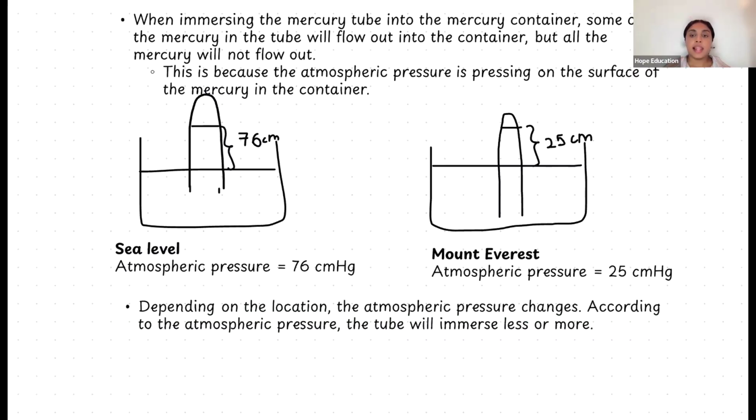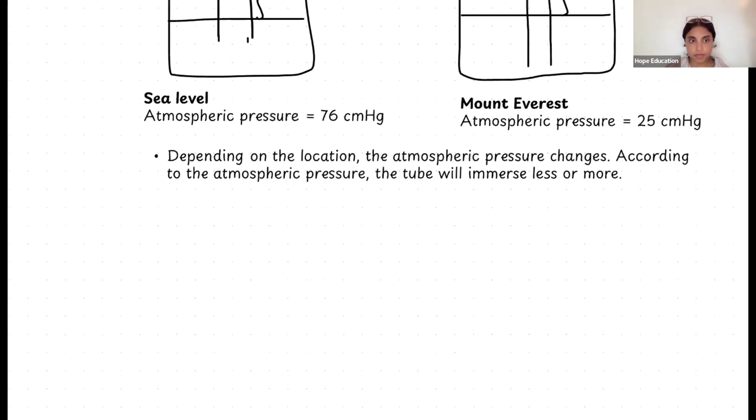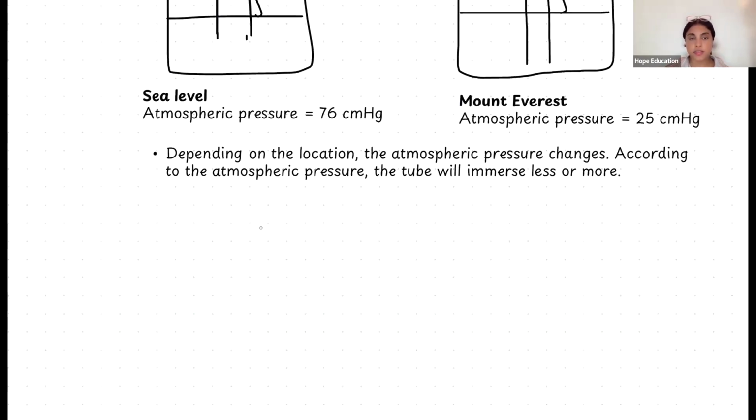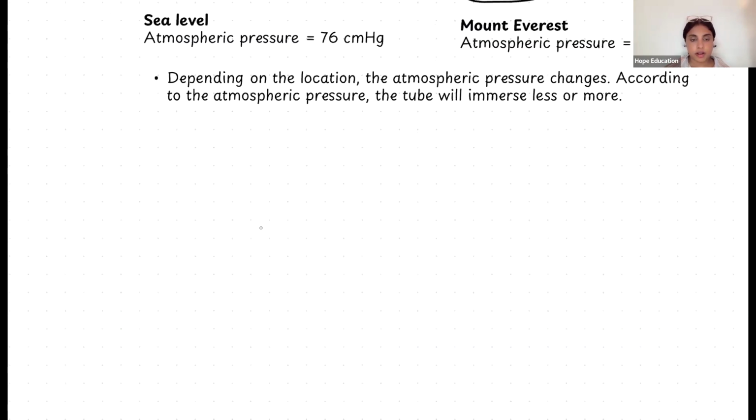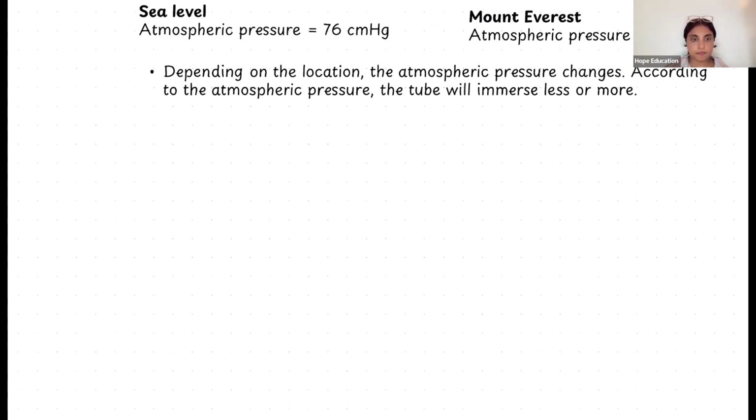And lastly, the other thing that I wanted to mention is, let's imagine this is at sea level only. Not at Mount Everest or anywhere else, just sea level. Right? This is a mercury container.